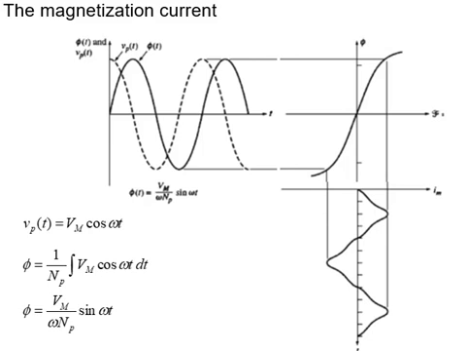So in this case we see that the first figure is showing the sinusoids of Vp(t) and phi(t), which means voltage on the input and flux. You can see from the below equations that Vp(t) is equal to Vm cos omega t, as we know.